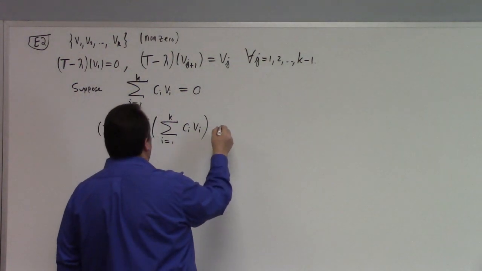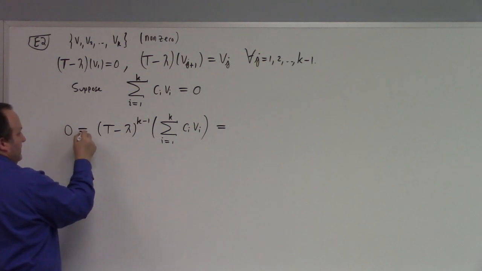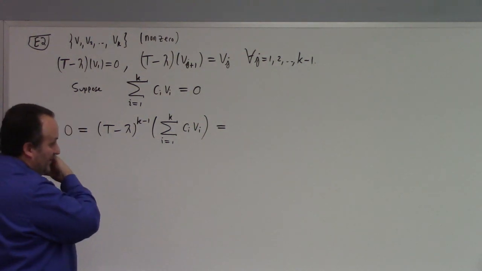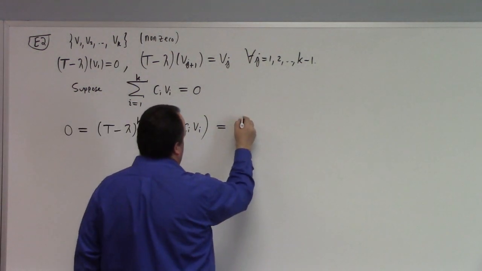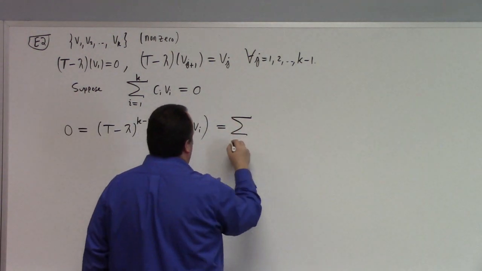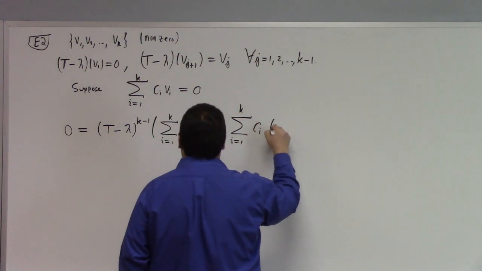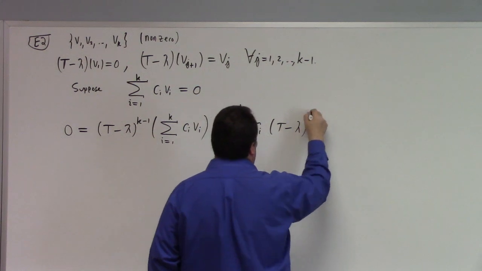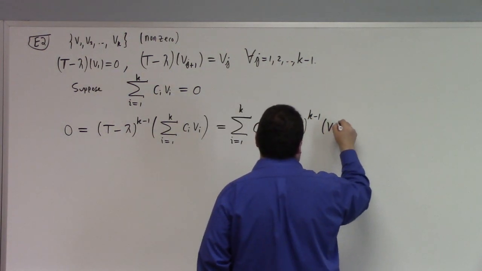And that, by properties, first of all, is equal to 0, since that's acting on 0, gives 0. And then over here, I can pull the constants out because it's a linear transformation. And I have (T minus lambda) to the k minus 1 power acting on v_i.